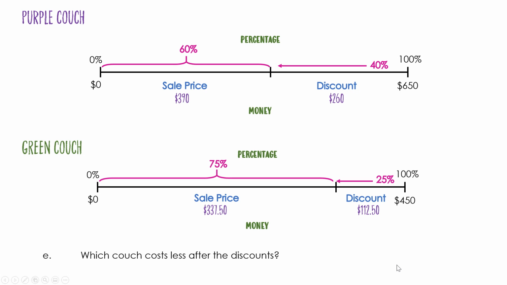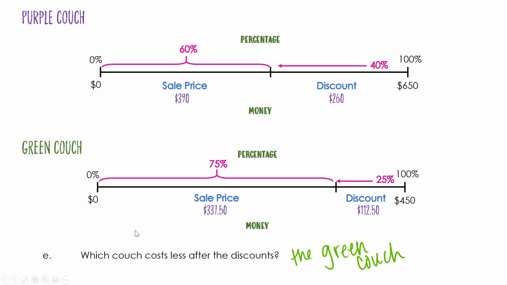So our next question, part E, asks us which couch costs less after the discounts. So this one's pretty easy to answer now that we have our diagrams, right? We can just look at our sale price, $337.50, $390, which one is cheaper, which one costs less, and that tells us that it is the green couch.